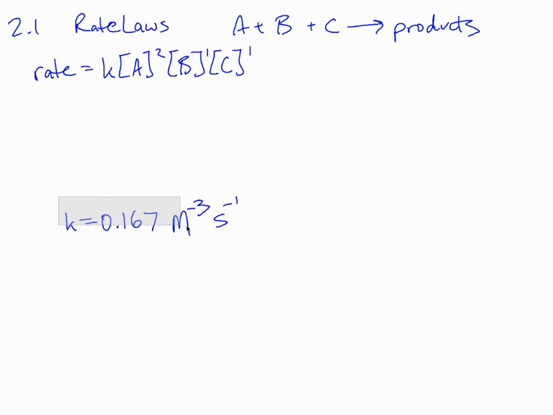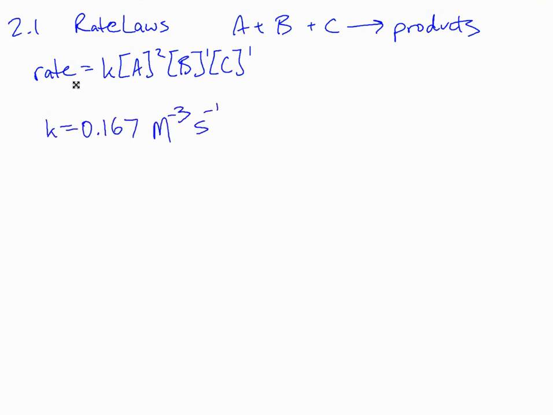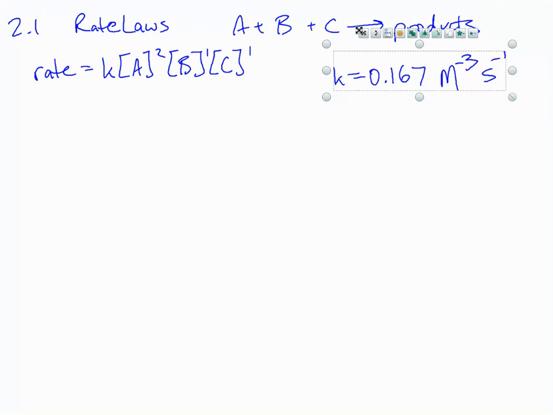So now for trial 2. Now we have the constant and we have 3 concentrations. Now we can figure out the rate of this reaction based on the starting concentrations.